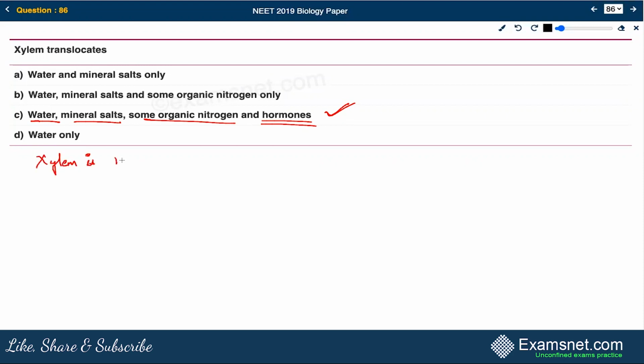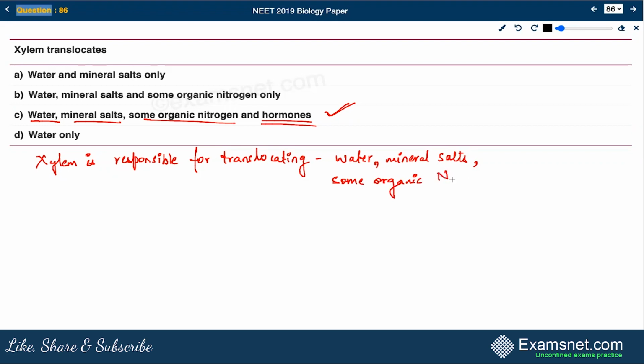So all right, very direct question that has been asked, so that's why the correct answer will be that xylem is responsible for translocating not only water, but water, then mineral salts, then some organic nitrogen, and hormones.